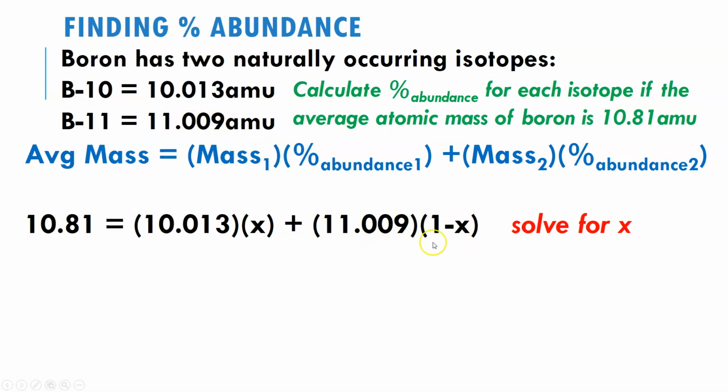And I don't know what its abundance is either, but I know that it's going to be 100% minus whatever this was. So I'm just going to say 1 minus X. Now I can do some algebra, and I can solve for X.